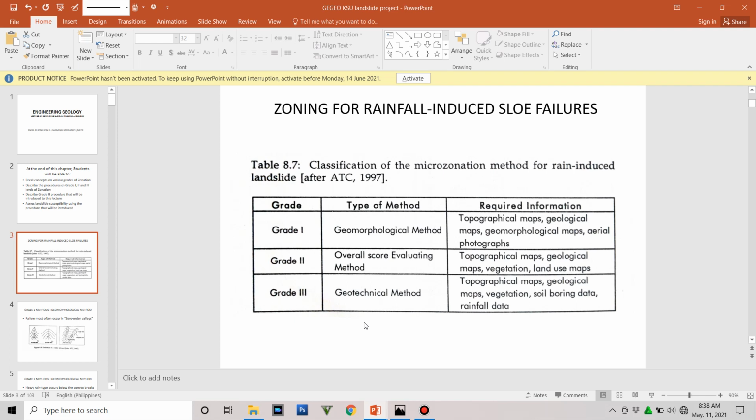The required information, aside from the topographical map, includes soil boring data as well as rainfall data. This is actually the practical application of the theoretical concepts brought into actual field conditions. Our assessment will be supported by concrete evidence and real data, or in situ data.